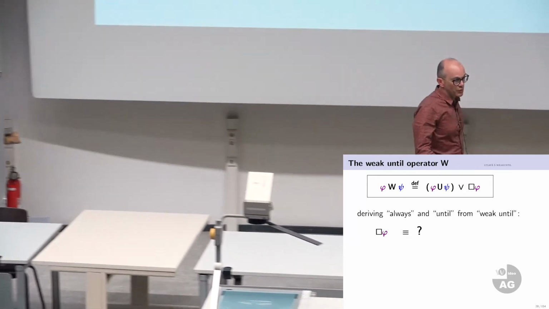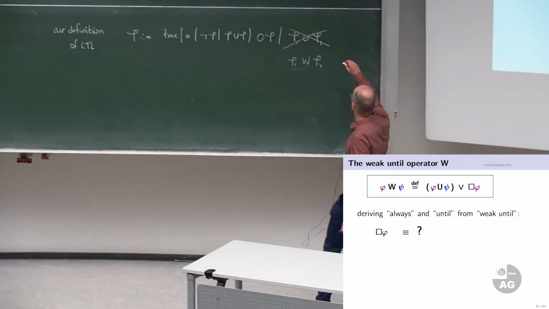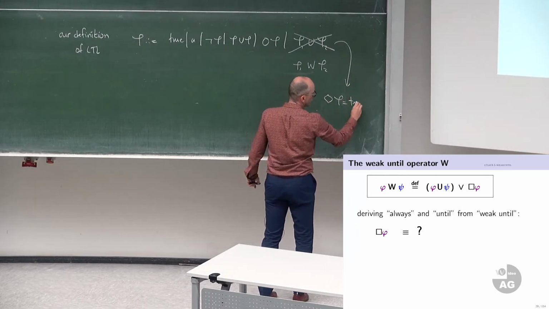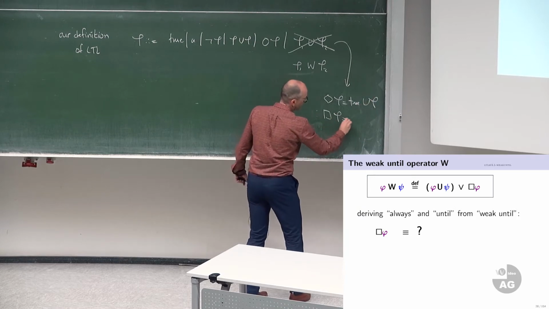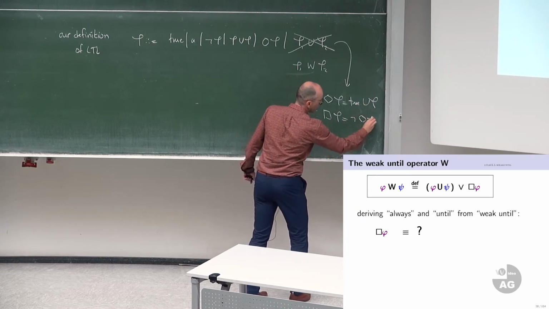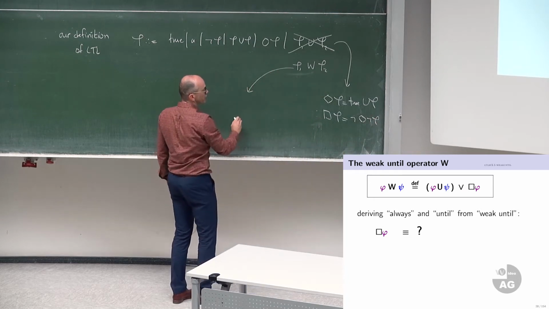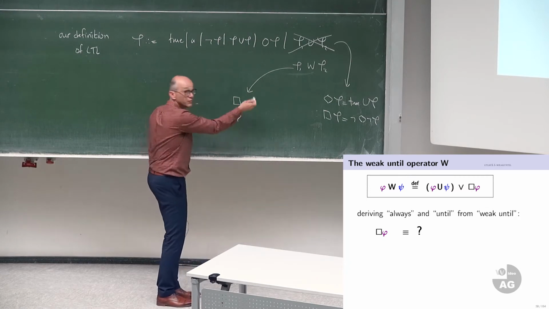So how can you do this? Well, what we have done before is that in this scenario, we defined eventually phi as being true until phi, and then we were saying, okay, box of phi is not eventually not phi. And now what we're going to do, if this is the basis, we first start by defining box, and then we define eventually in terms of box.